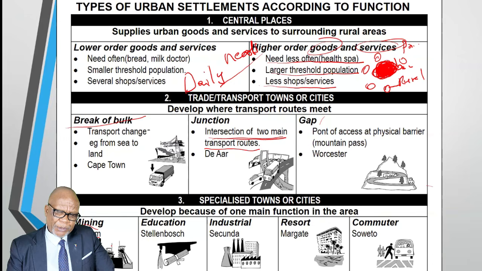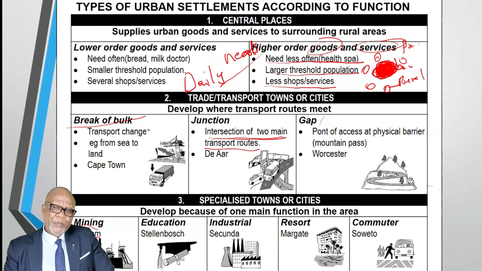It mainly developed because of gold mining, but it has since developed and is now a commercial town that does many businesses. Then we have specialized towns like Stellenbosch, developed because of the institutions there, and Stellenbosch University.